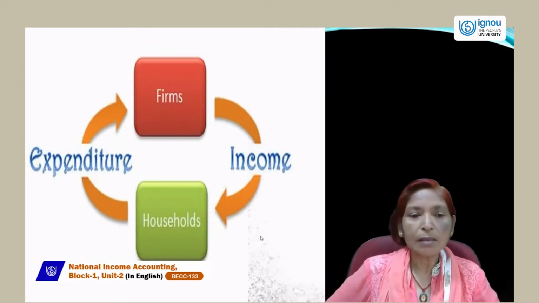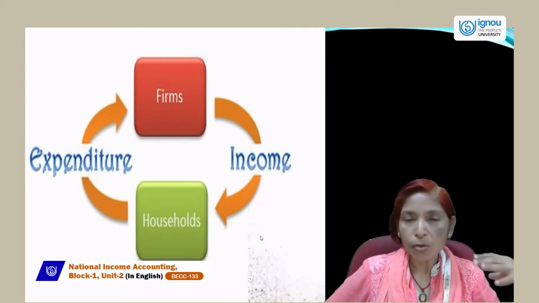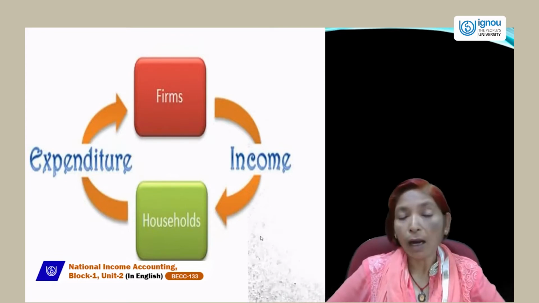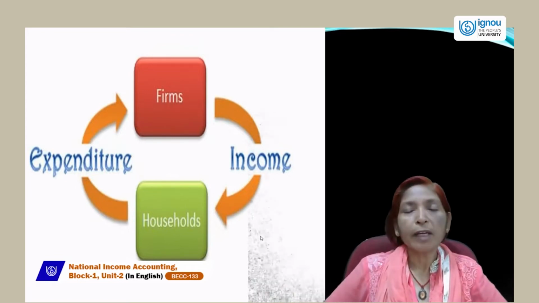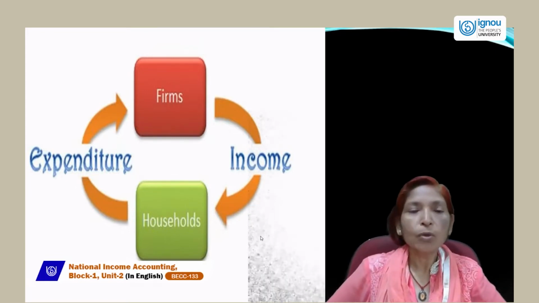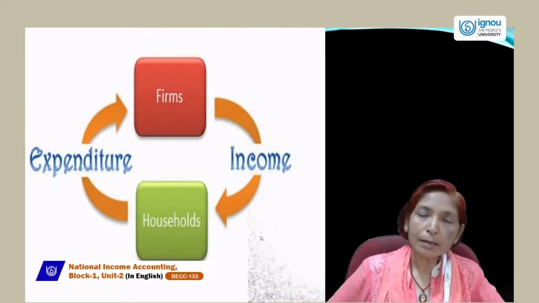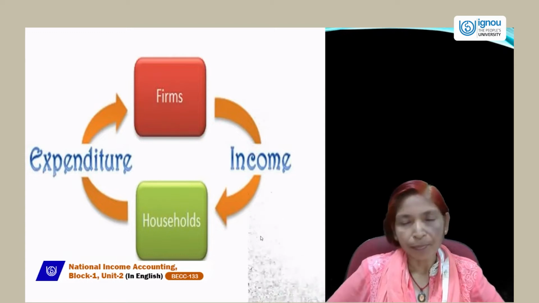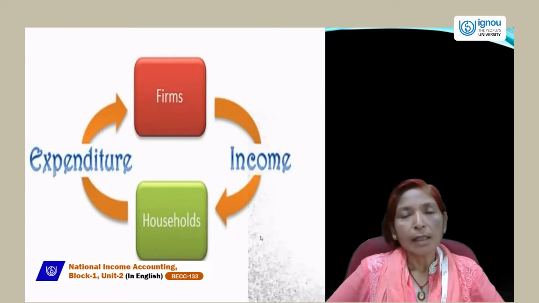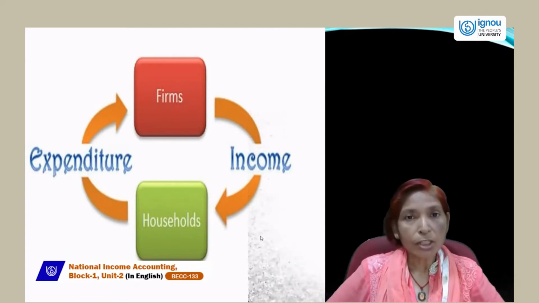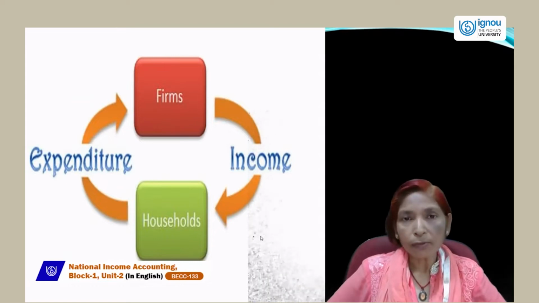Number one is, first of all, household. If we assume that there are only two sectors in the economy, one is the household sector and the other is the firm sector. The household sector is that sector which is the owner of all the factors of production.